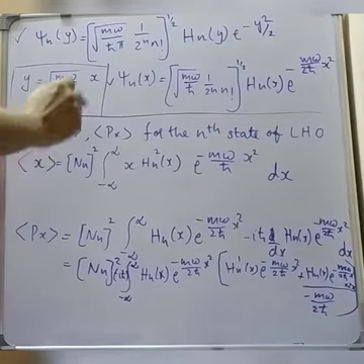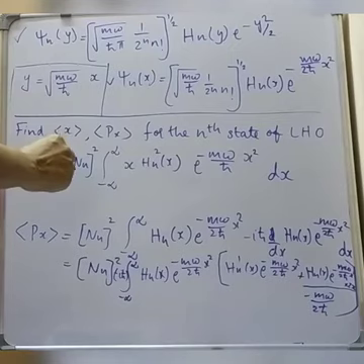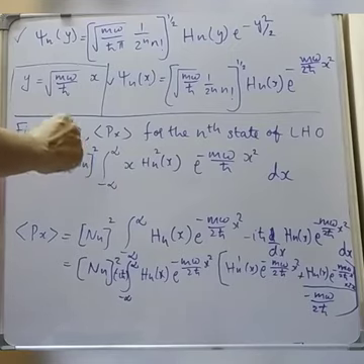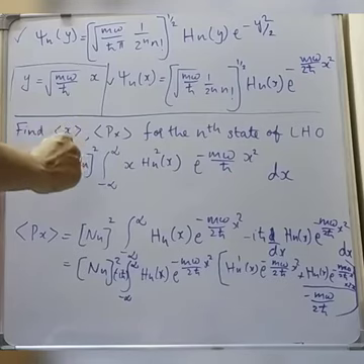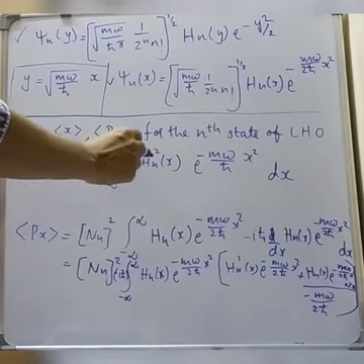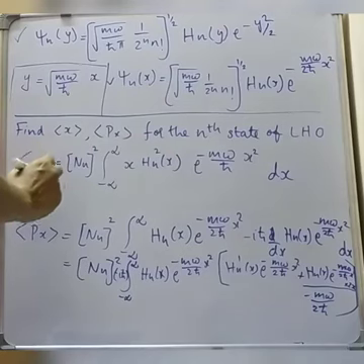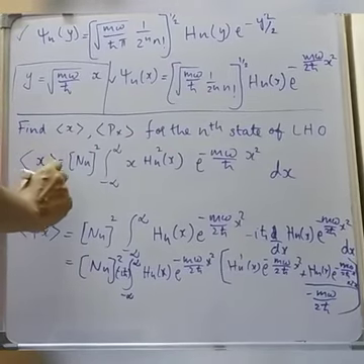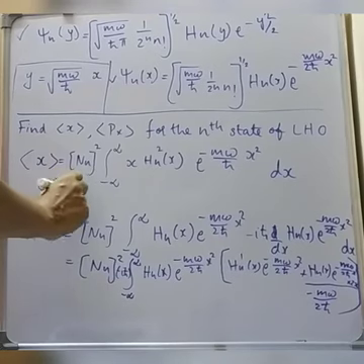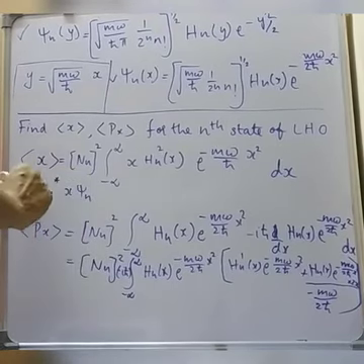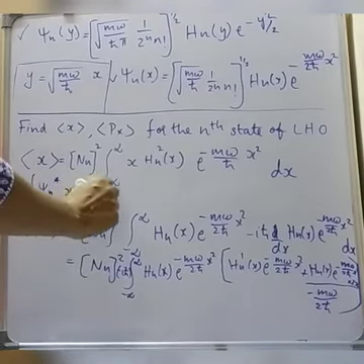For ease of writing, I am writing N square because we have N star N. What we do is integral of psi n star x psi n dx.